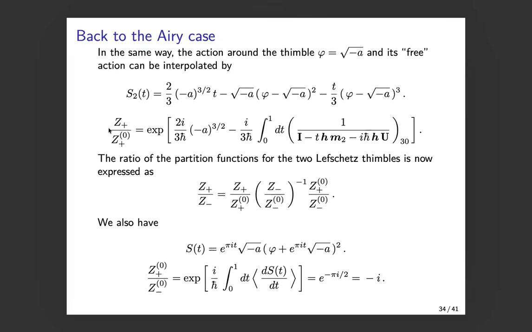Similarly, we can do the same thing around the plus symbol, and we interpolate two theories. One is the action around the plus symbol, and another is just taking the quadratic part, and we denote the quadratic part partition function by Z plus 0, and then we have this form of formula.